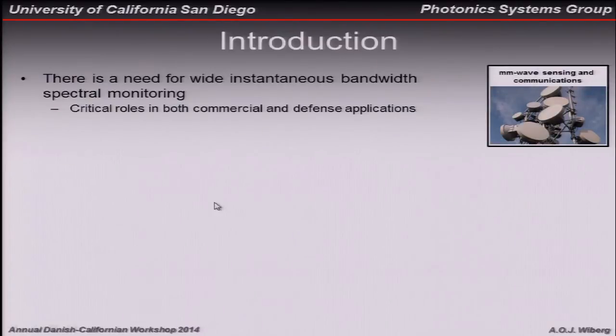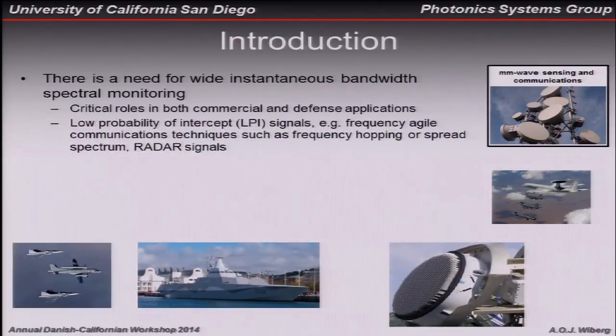There is a need to be able to monitor very wide bandwidth in many applications, both commercial and defense. If you want to find a signal that has very low probability of being intercepted by someone who tries to hide it, for instance by making it frequency hopping or spread spectrum, or a radar signal that is phase modulated, you need to stare at many bands at the same time.